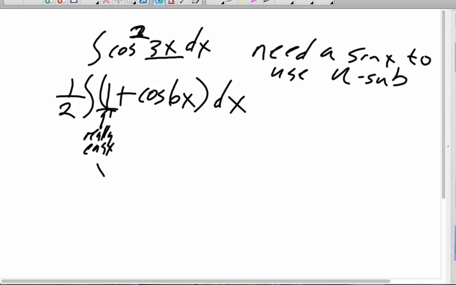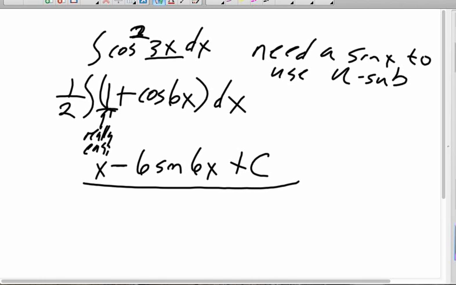It gets you an x. And this gets you a, you notice I just got one power, so it's going to be sine of 6x over 6 plus c. And this is how you do these kind of things. All right? Not bad. Not bad at all.